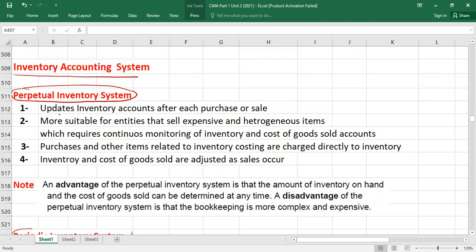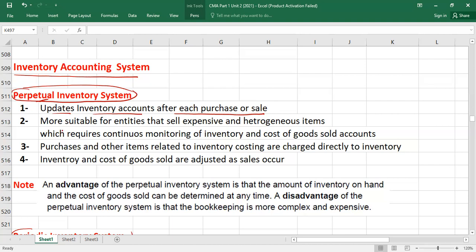Point number one: under the perpetual inventory system, we will update inventory accounts or inventory records after each purchase or sale, because it is a continuous system. After every purchase you have to record, and after every sale you have to record, right?